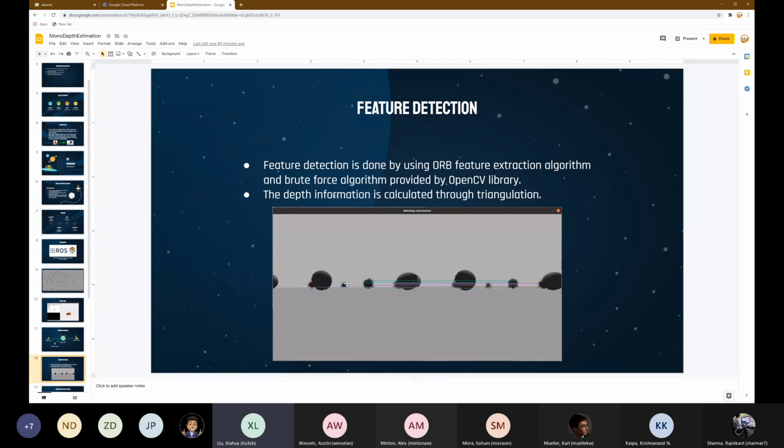The left part and right part are two different images the camera captured at two different times, and the little circles are the feature points obtained by the feature extraction algorithm. The next part is matching those feature points to each other, so we know this point, after 1 second or several milliseconds, became here.